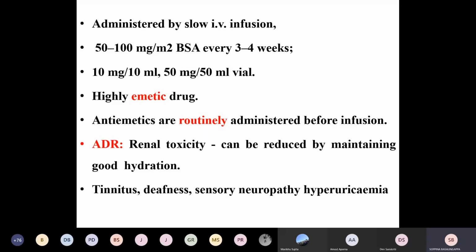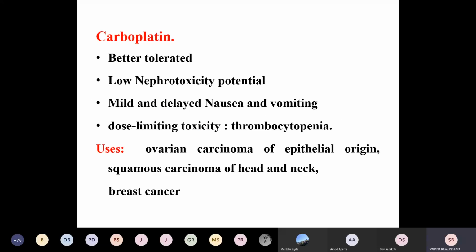Adverse drug reactions: renal toxicity, then tinnitus, deafness, sensory neuropathy and others. Carboplatin is better than cisplatin, with low nephrotoxicity and mild and delayed nausea and vomiting. Dose limiting toxicity is thrombocytopenia. Uses: ovarian carcinoma of epithelial origin, squamous carcinoma of head and neck, and breast cancers.